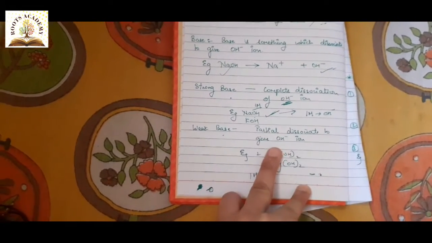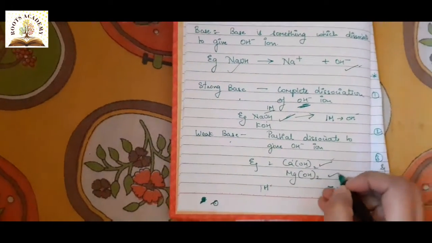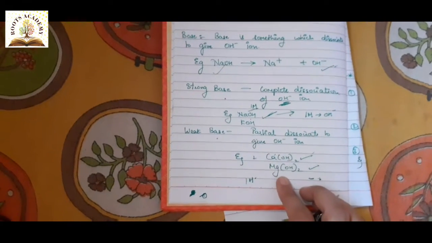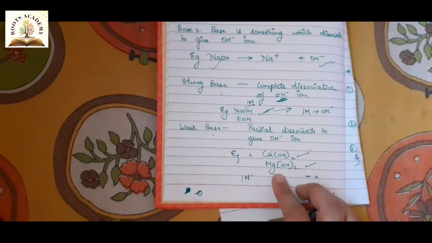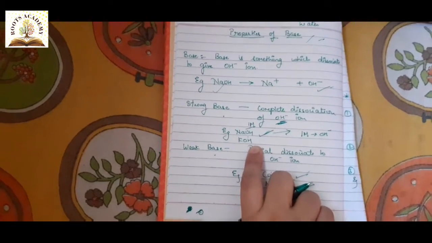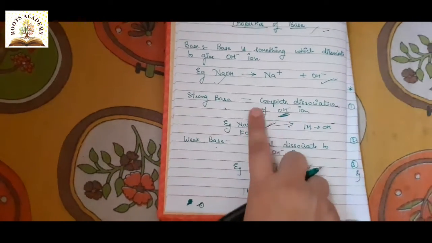If you get a small amount of OH minus ion in water, then that base is a weak base. For example, calcium hydroxide and magnesium hydroxide partially dissolve in water, thus they are called weak bases. Whereas sodium hydroxide and potassium hydroxide completely dissociate in water to give OH minus ion, so they are strong bases.